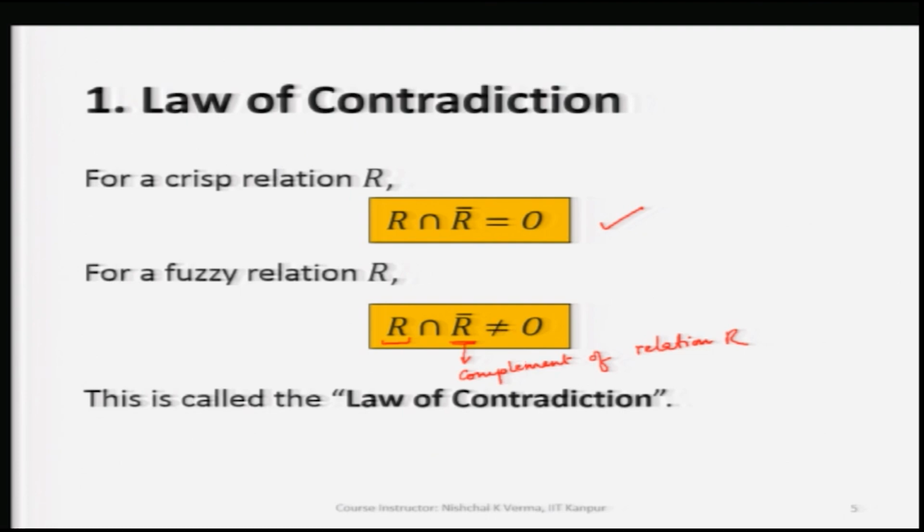So, this is called the law of contradiction. In a nutshell, when we take a crisp relation and the intersection of it with its complement, it comes out to be a null set. Whereas, when we take a fuzzy relation R and take the intersection of it with its complement, it is not going to be a null set, and this is called the law of contradiction.